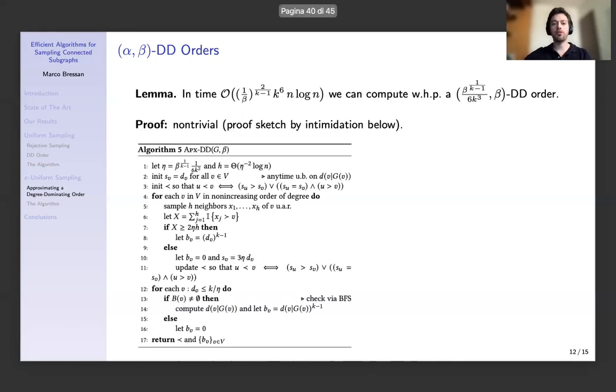The proof of this fact is non-trivial. I just give a short proof sketch with the famous technique of proof by intimidation below here. But the point is that we can compute an alpha beta degree dominating order efficiently, in time polynomial in 1 over alpha and 1 over beta times n log n.